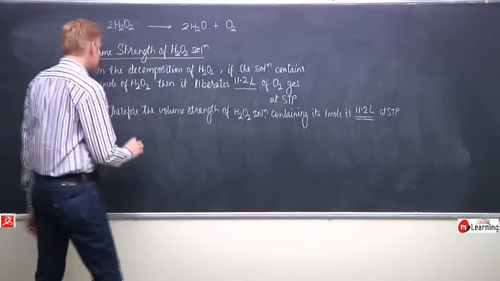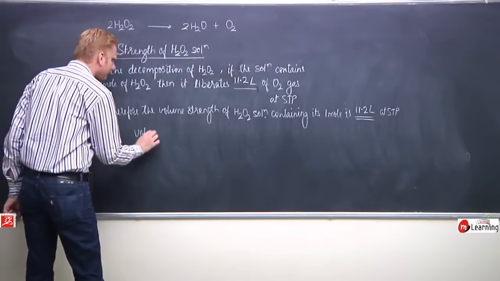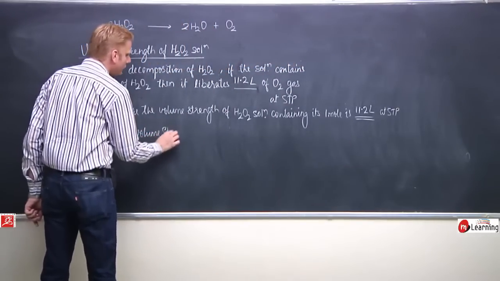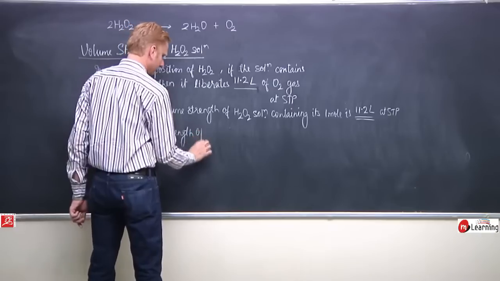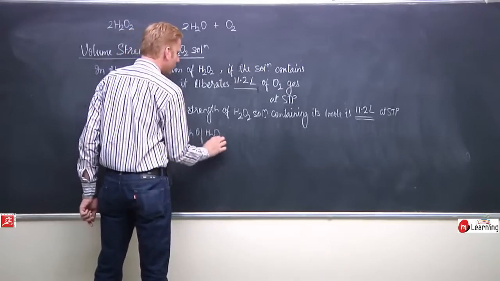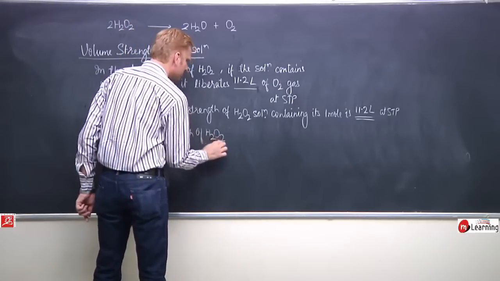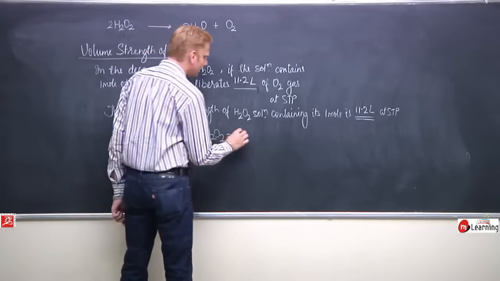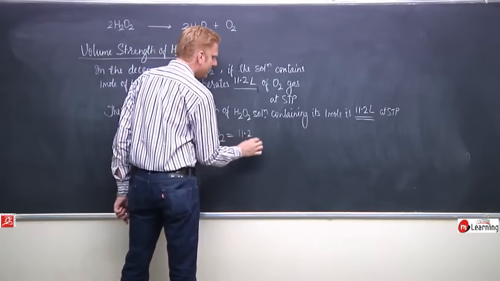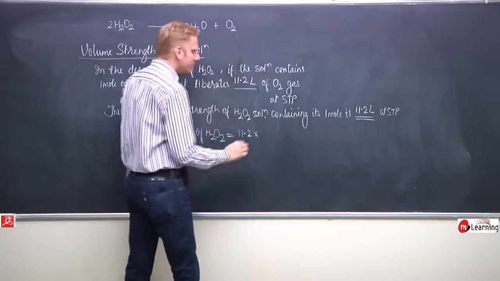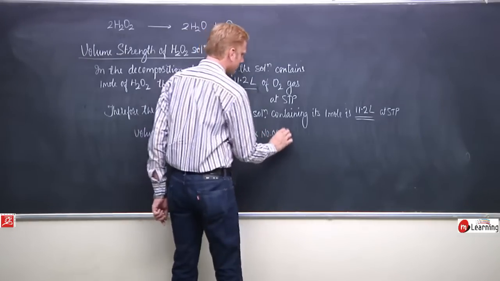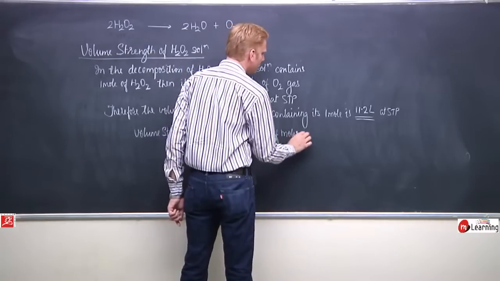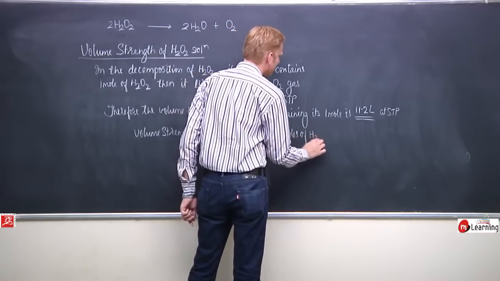So now we can say that volume strength of H2O2 can be determined by using the formula 11.2 into number of moles of hydrogen peroxide.